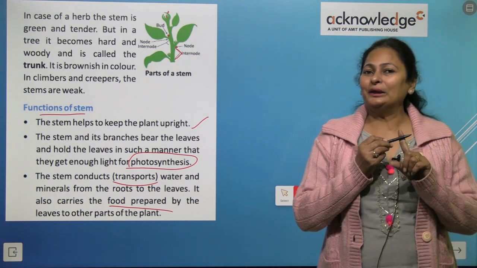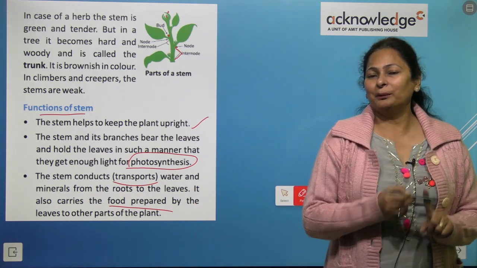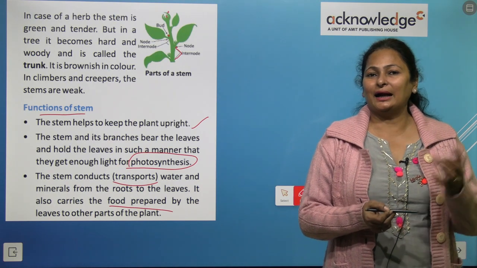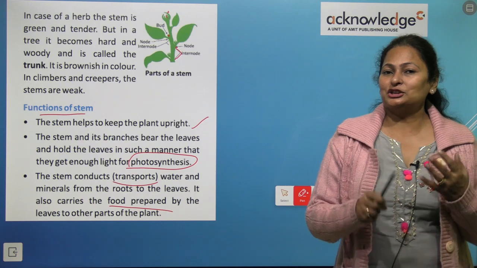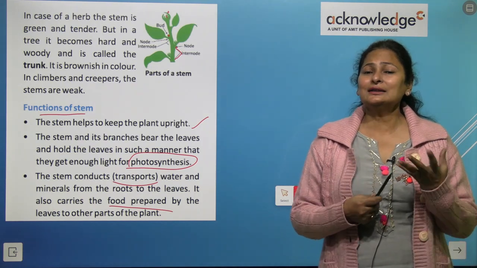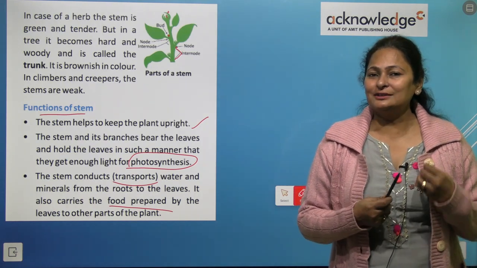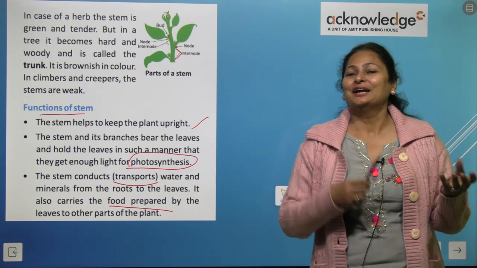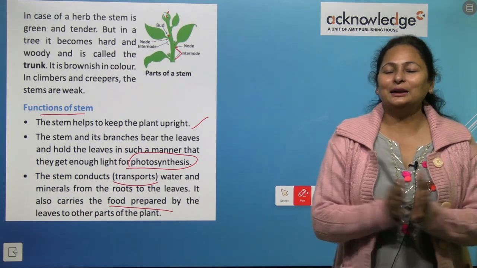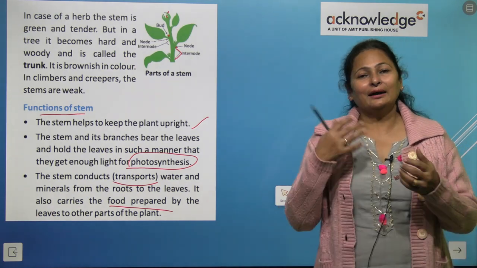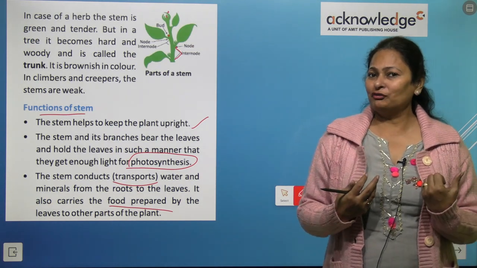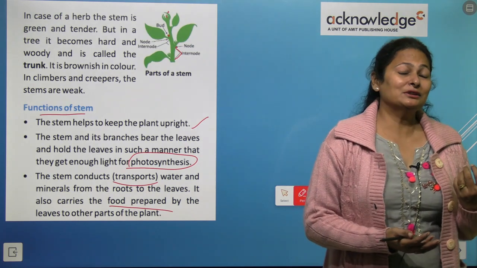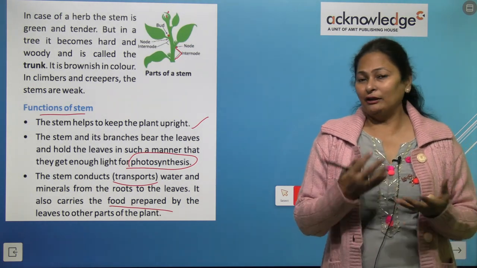It not only carries water and minerals absorbed by the root, it also transports the food prepared by leaves during photosynthesis. And this is how the plant grows, because just as we need food to grow, plants also need food to grow.